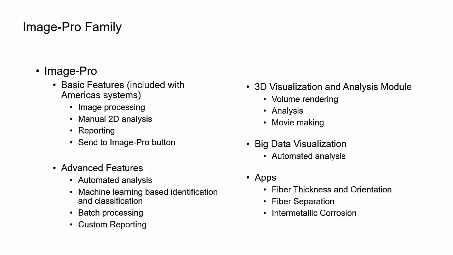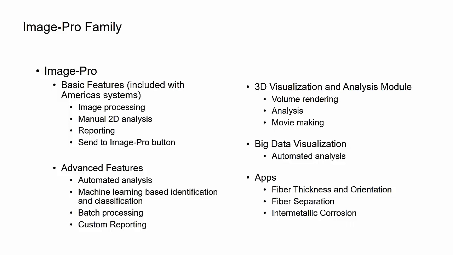In addition, to expand the capability, we also have modules, in this case a 3D visualization and analysis module, which you'll see a little bit more of later today. That includes volume rendering, 3D analysis, both automated and manual, and movie making. Another module is big data visualization, for when you have FIB-SEM image stacks that are in the terabyte range, larger than you can visualize.